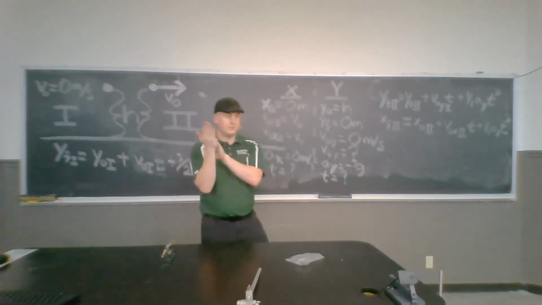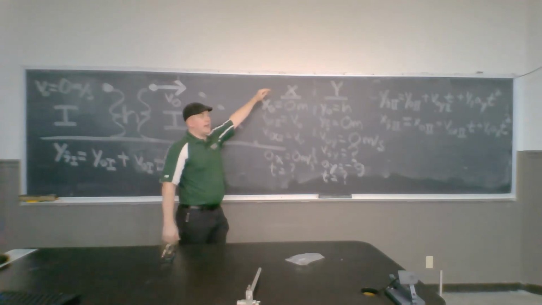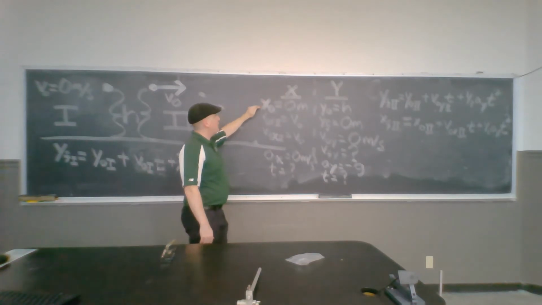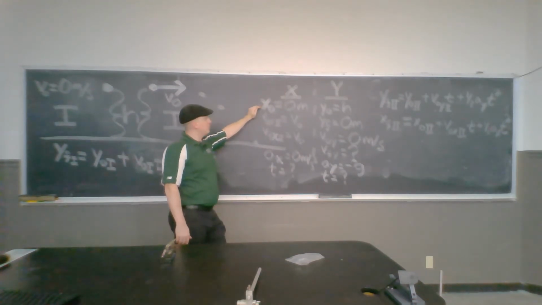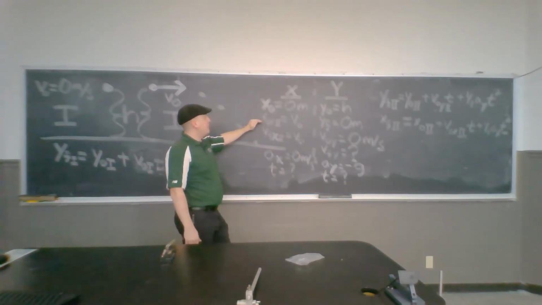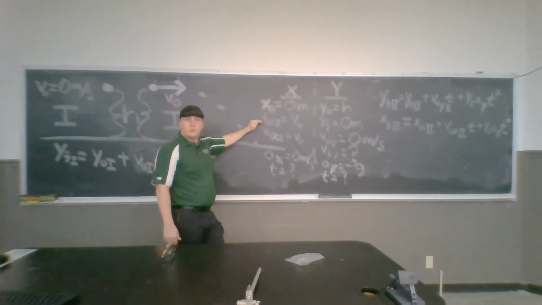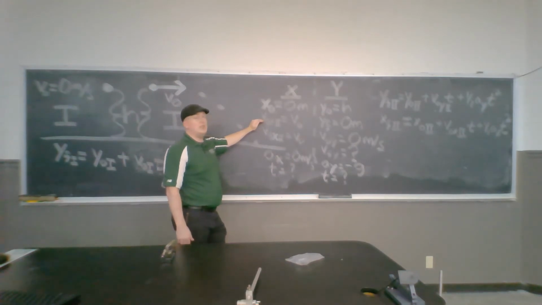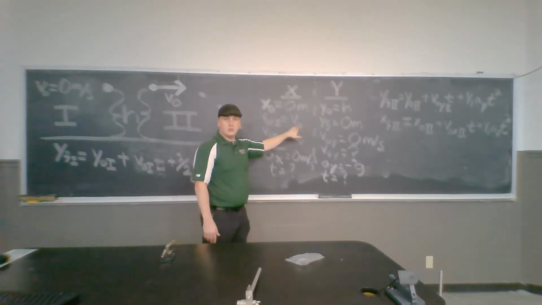Doesn't matter. So now if I look at my x variables and I look at my initial conditions, the initial position in x is 0 meters. My final position in x, I don't know. Didn't put that up here, that was my fault. My initial velocity in the x is just going to be equal to v initial.